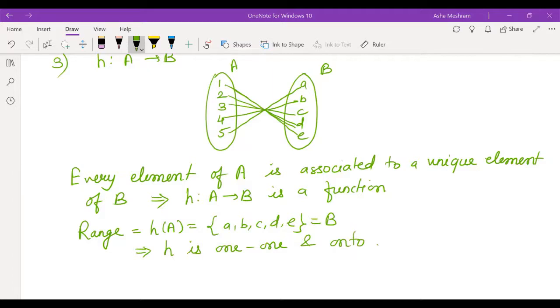So this was the example of functions, and here I stop for this lecture. In the next lecture we will see more examples.